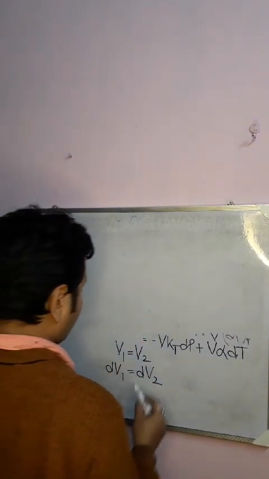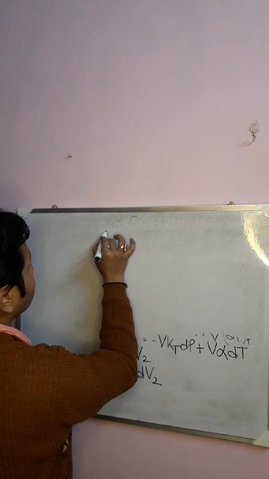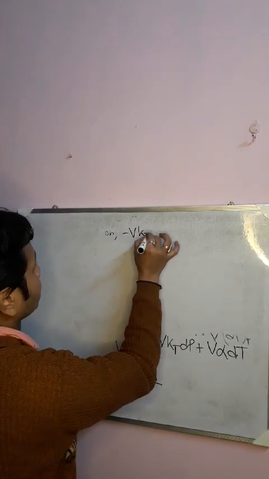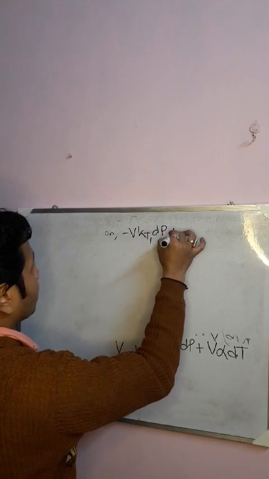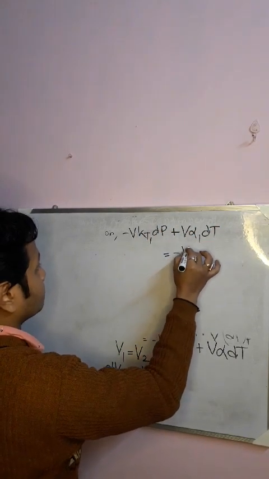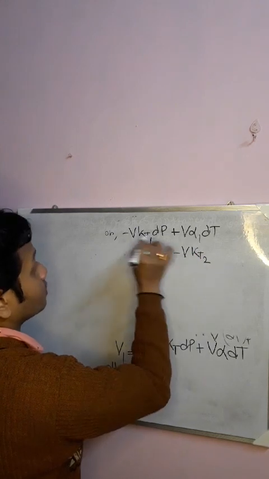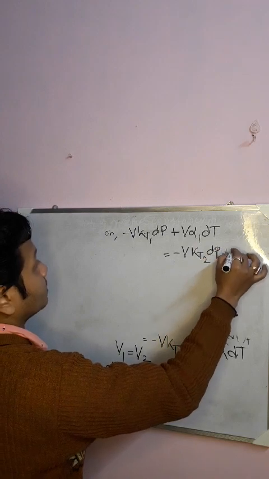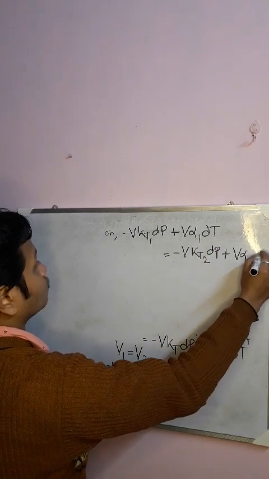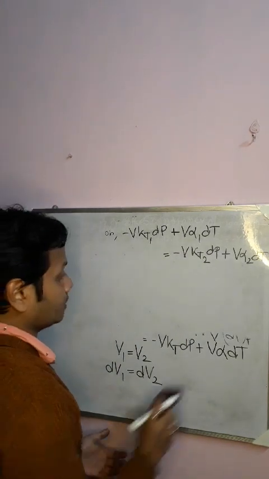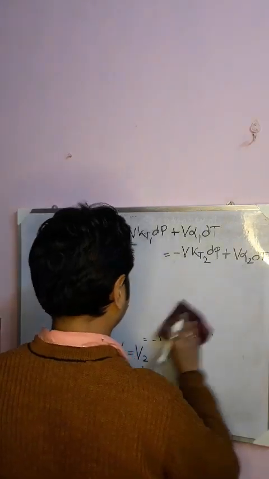So if dV1 equals dV2, then Kt becomes Kt1, say, and alpha becomes alpha 1. And this becomes minus, because volume remains constant and also pressure and temperature constant, so it would be V alpha 2 dT.